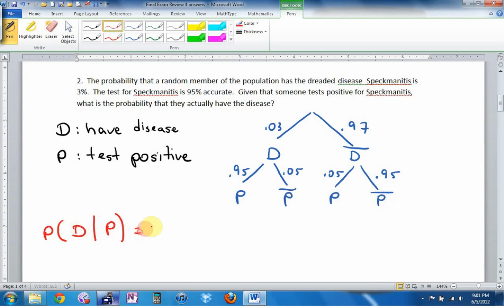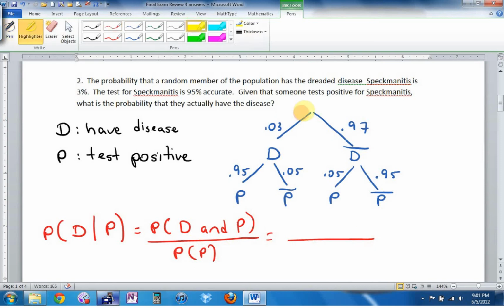And this is going to be the probability of both of those divided by the probability of the given one. Which branch has both of those? That branch there. 0.95 times 0.03. Which branch ends in a P?